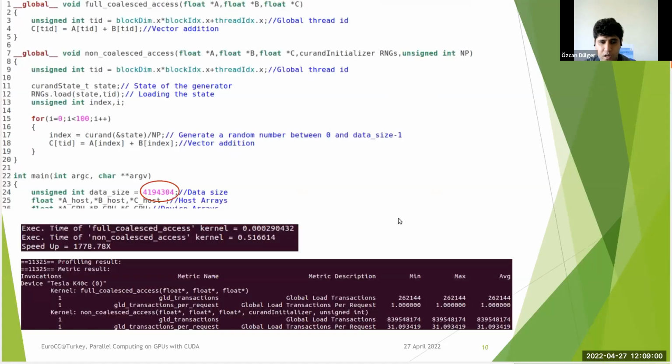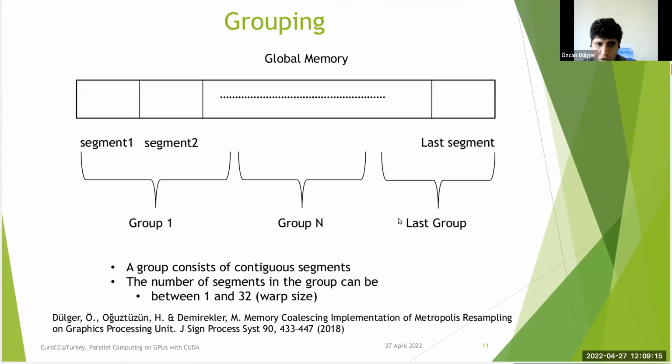So how can we overcome this problem, or how can we handle it? How can we overcome the non-coalesced access to the global memory? One approach, which we used in our study in the past, is grouping.